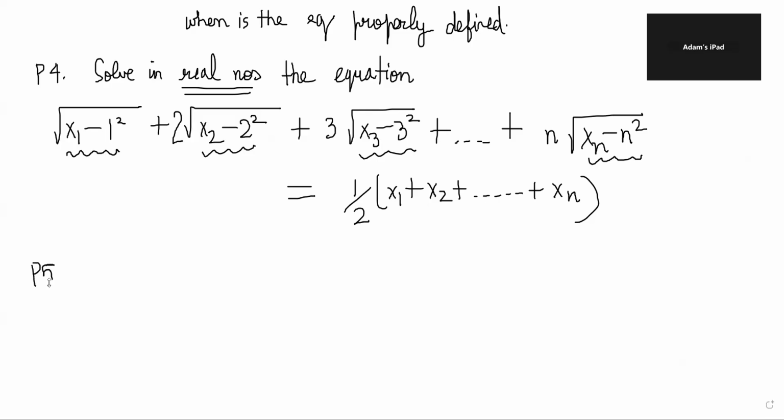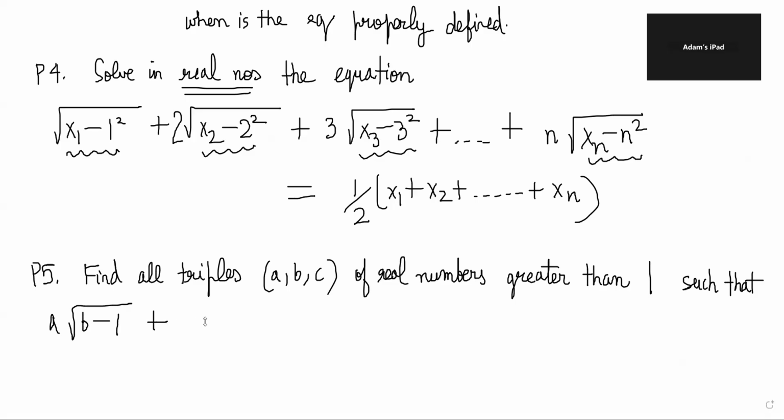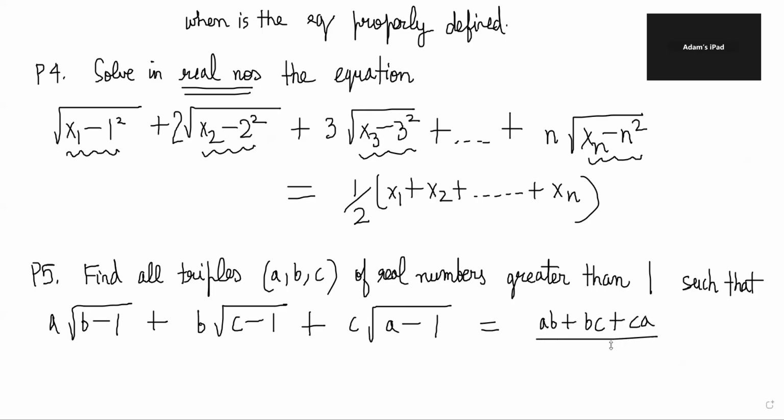And the last problem is this one. Find all triples a, b, c of real numbers greater than 1 such that a times root over (b minus 1) plus b times root over (c minus 1) plus c times root over (a minus 1) is equal to (ab plus bc plus ca) over 2.